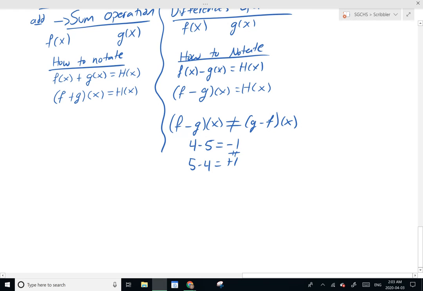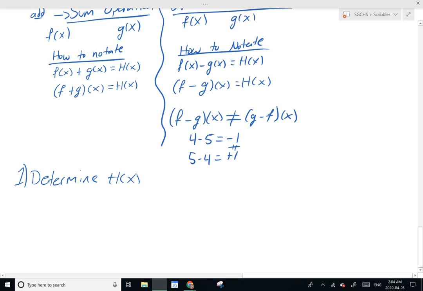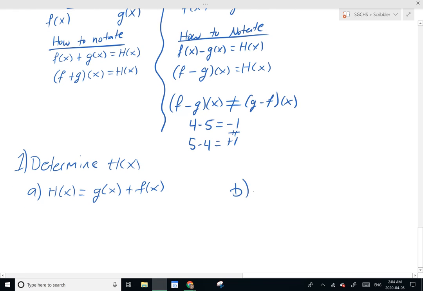Okay, since we have some time, let's do a few examples. Example 1: determine the function h of x. For a, h of x equals g of x plus f of x. And for b, h of x would equal g of x minus f of x.